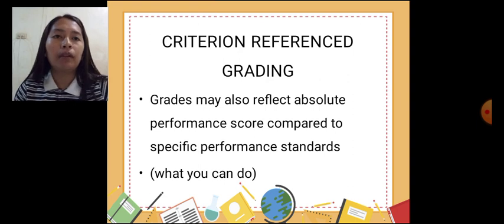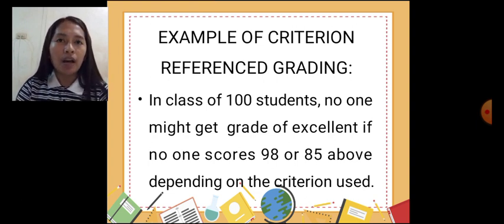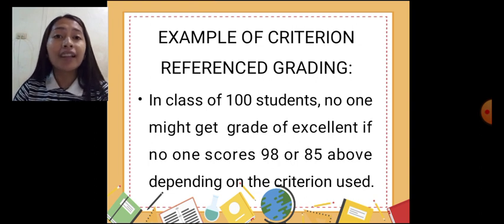For example, in a class of 100 students, no one might get a grade of excellent if no one scores 95 or 98 and above, depending on the criterion used. In this example, it shows that if the students did not get 95 or 98 above, then no one might get a grade of excellence.